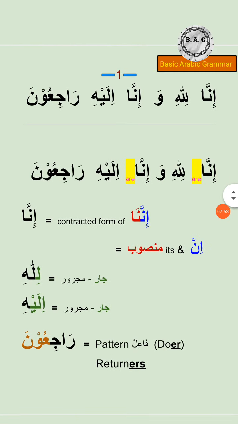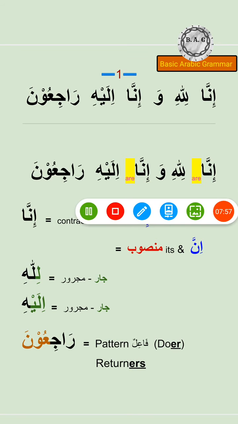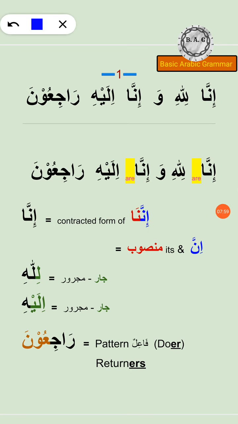A very frequently said phrase in our daily lives: inna lillahi wa inna ilayhi raji'un. What is inna? We know innana, right? Inna is the contracted form of innana, and this na is your mansub form of nahnu, and it's mansub because of this inna.